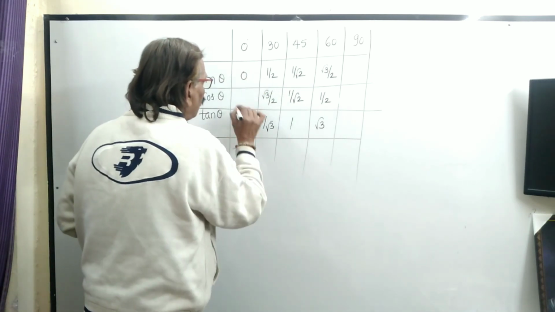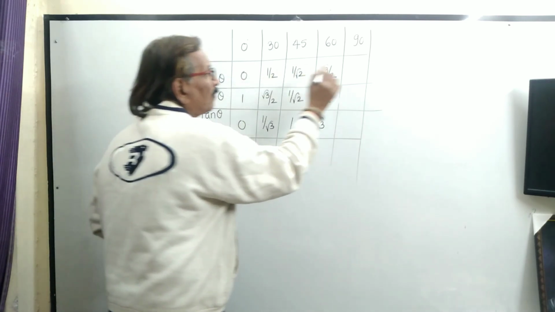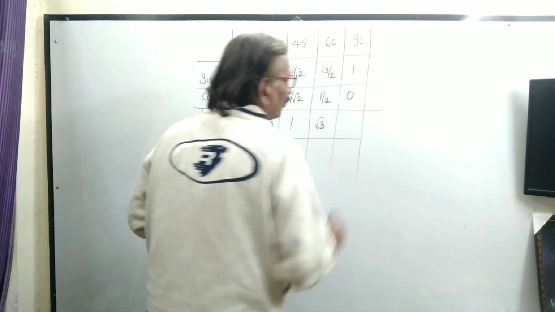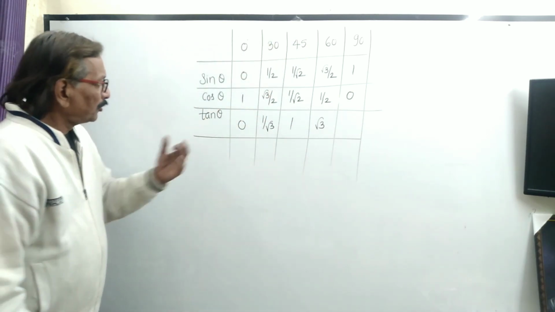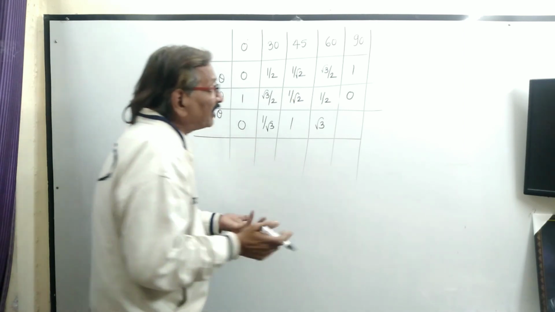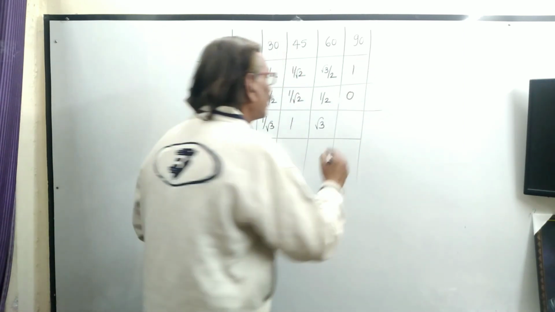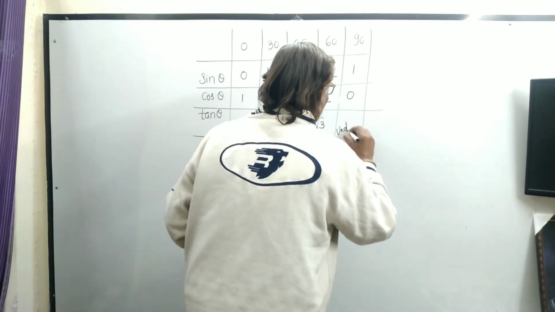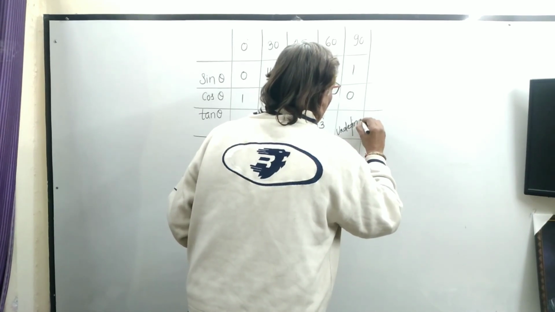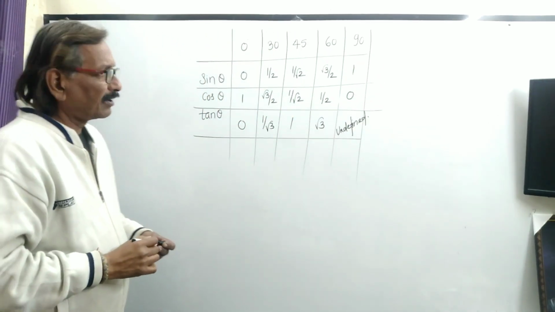Start from the same point, 0, 1, 0. You know, 0 upon 1 can be written as 0. But what if 1 upon 0 you have? It cannot be defined. So write down here, undefined.